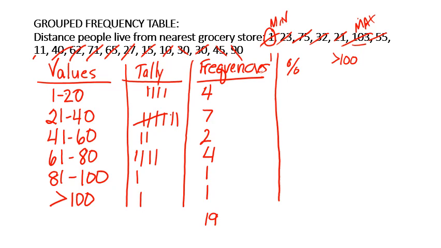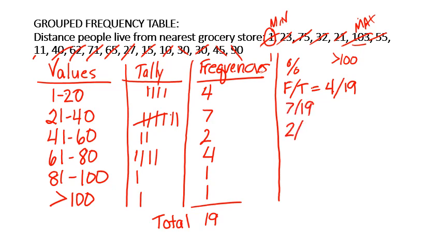But we're again going to be calculating by taking F over T, frequency over total. And in this case, it's 4 divided by 19, 7 divided by 19, 2 divided by 19, 4 divided by 19, 1 divided by 19, and 1 divided by 19.